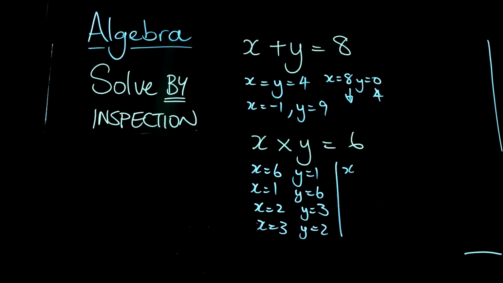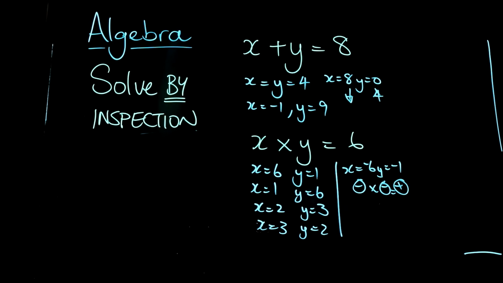Could we make x equal to -6 and y equal to -1 and use our knowledge of negative numbers here, because 2 negatives multiplied together will produce a positive answer?